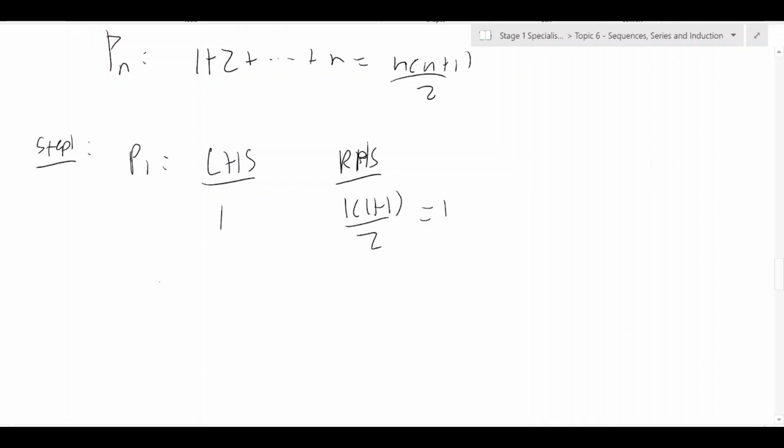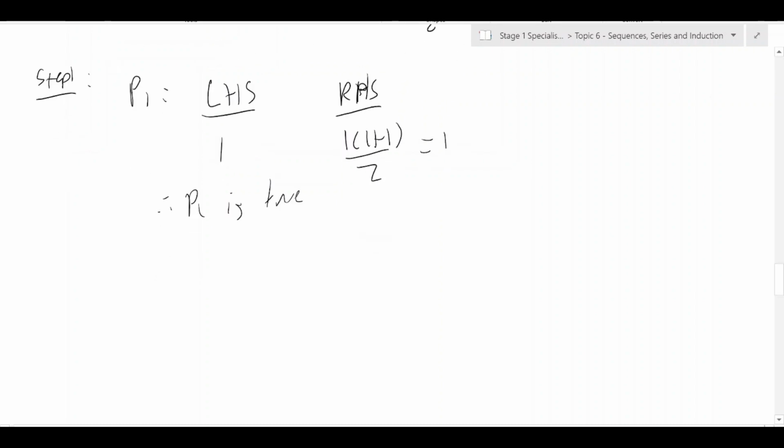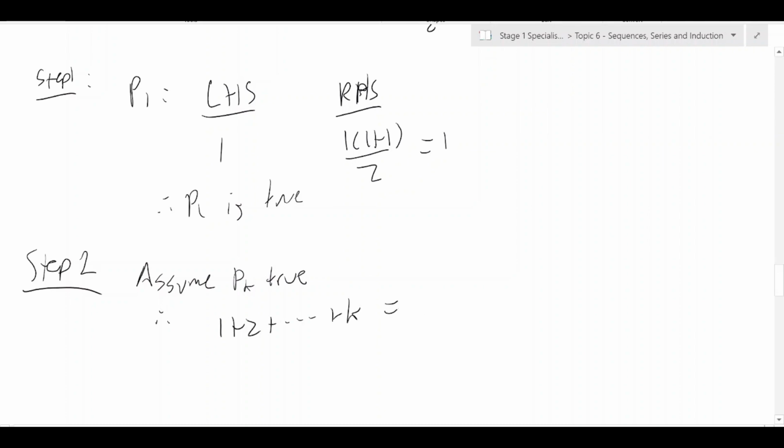So P(1) is true. Step 2, assume P(k) is true. Therefore 1 plus 2 plus up to k equals k(k plus 1) over 2.